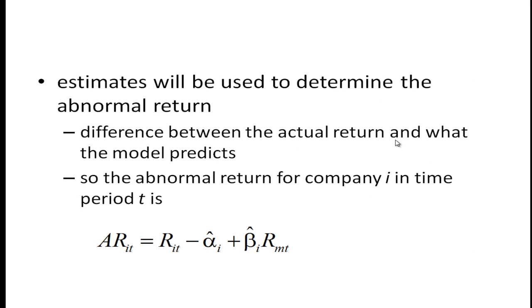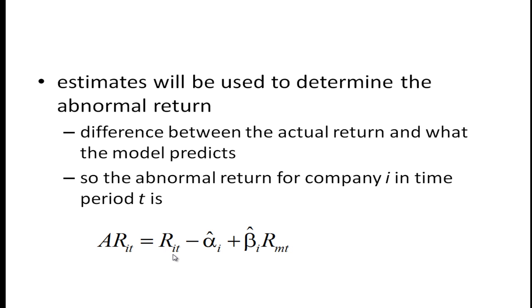So once we estimate these normal returns using the market model, we're interested in finding what the abnormal returns are. And the abnormal returns are going to be the difference between the actual return and what the model predicts. So AR_it is the abnormal return for stock i in time period t.